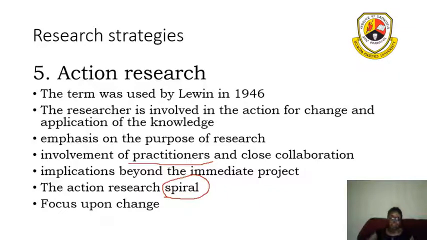So the focus here is to bring about change. Now, what then becomes the research element? Every time you make a change, you make an observation. That new observation is what you report back to the research community.